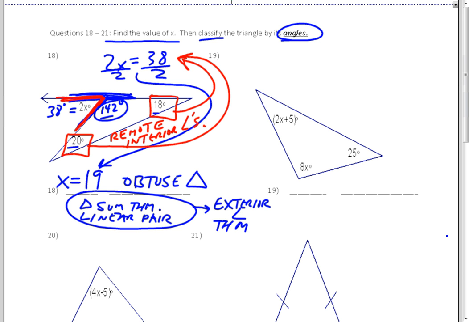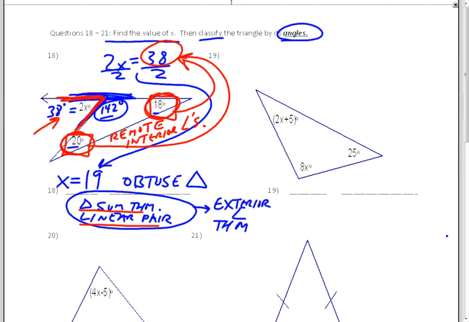So you can continue to use triangle sum theorem and then linear pair, but if you notice that the exterior angle is not adjacent to two of the angles in the triangle, and you know those two angles, then you know they're going to add up to the exterior angle. Just another shortcut that you can use.